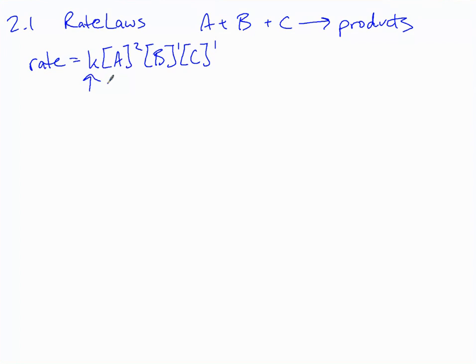So that's going to be a problem because we're going to have 2 variables, which is not going to be good. But we can figure out K because for trial number 1, we have every single number. So let's use trial number 1 and plug in all of its numbers here. So it has a rate of 0.01.